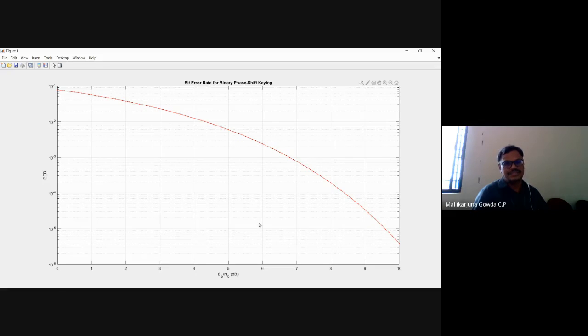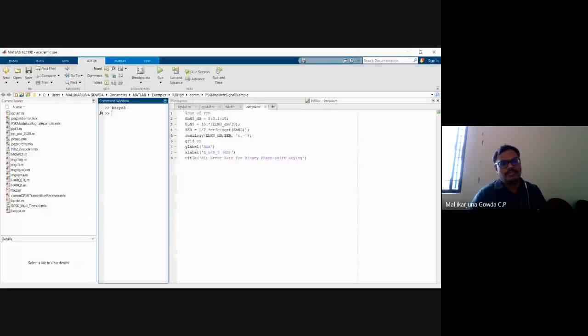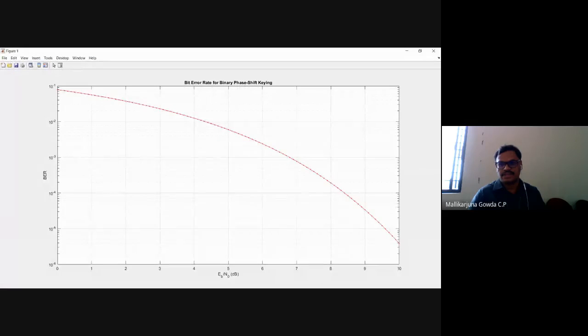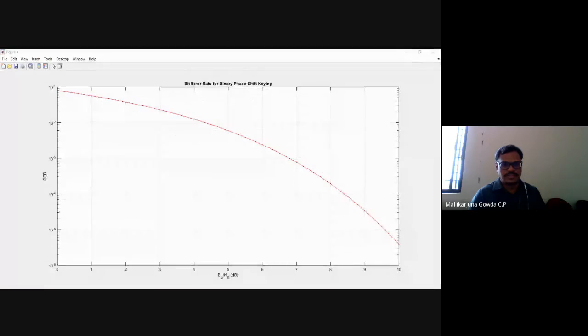So you can see the graph of all the types of modulation techniques, this BER graph. Okay. There is even a tool called BER tool, so you can explore that and see. Let me show how we can use that BER tool.